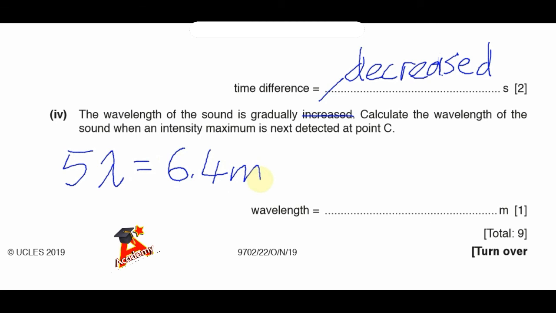And this would give us lambda equals 1.28 meters. And so that's what we would have done there if the question had said the wavelength of the sound is gradually decreased.